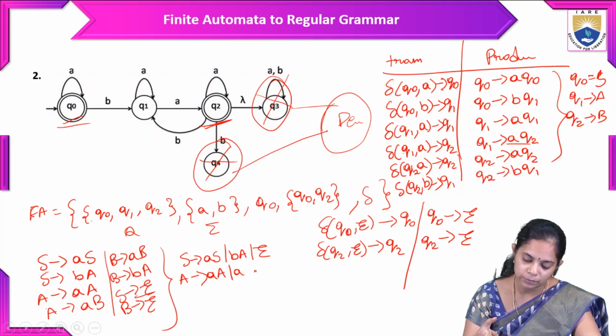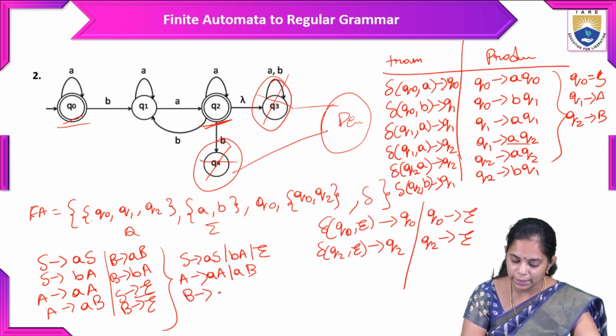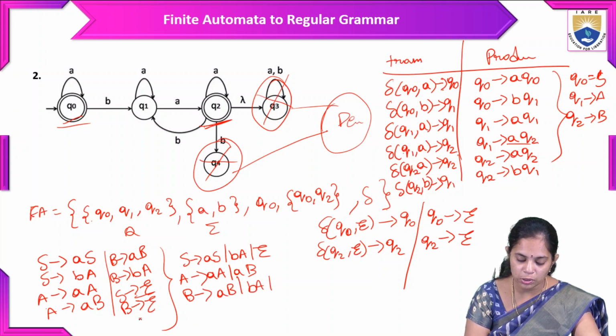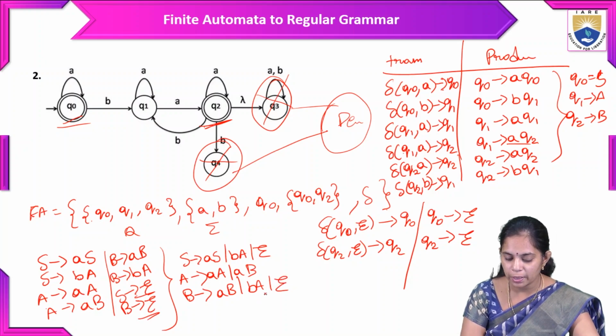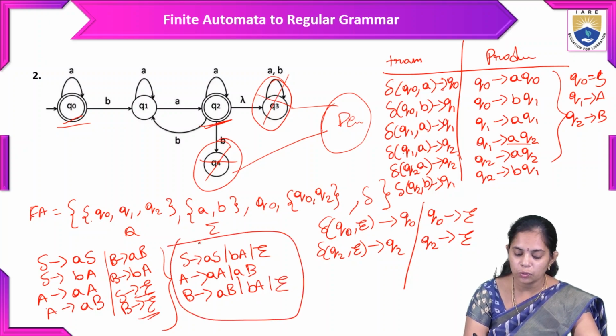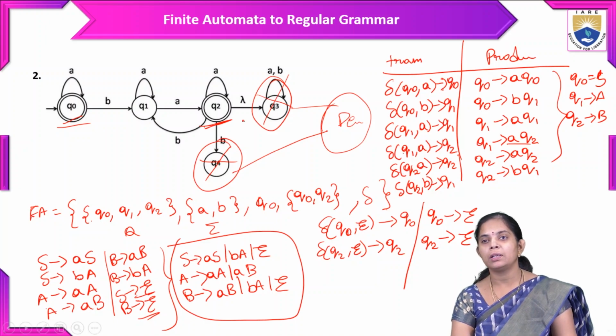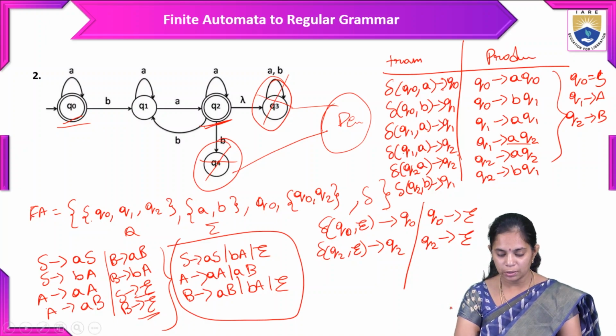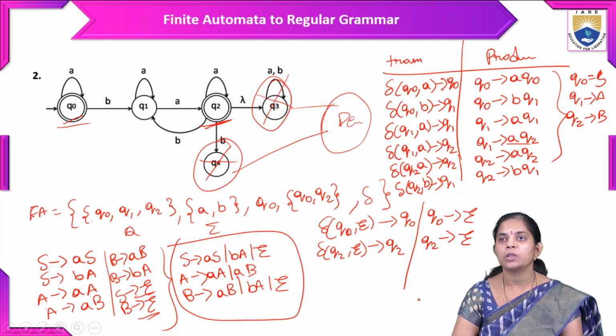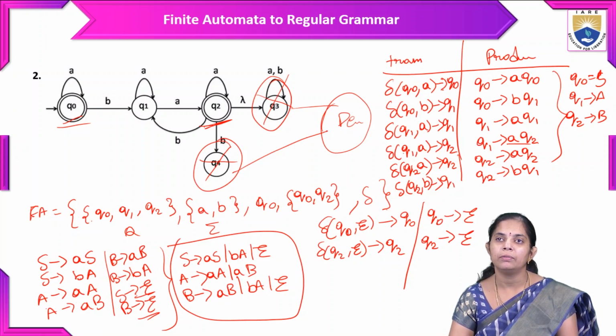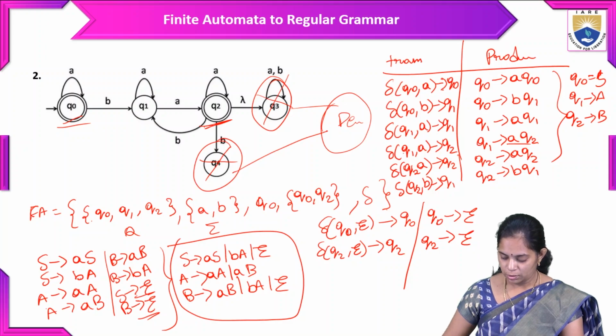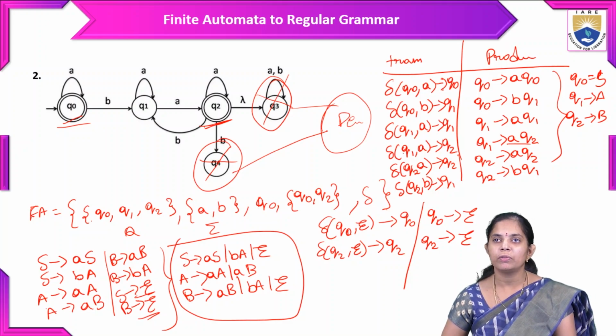And next capital B, B tends to, we have three options, so I'll write AB, BA, and also we have the epsilon symbol. So this is how we are going to convert the given finite automata into a regular grammar. These are all the production rules we have written for the finite automata. This is about the conversion of a given finite automata into a regular grammar.